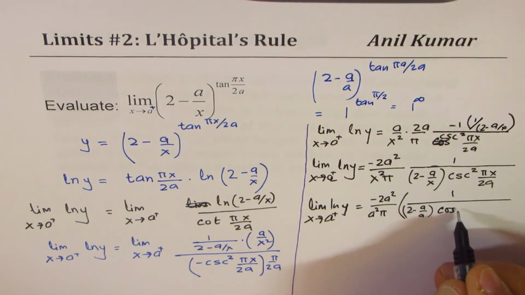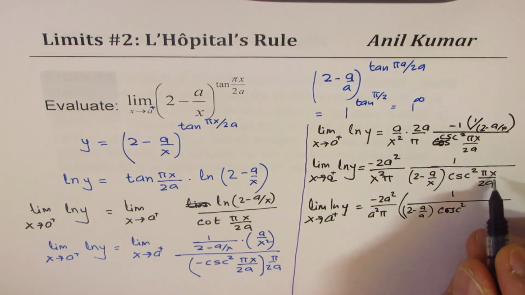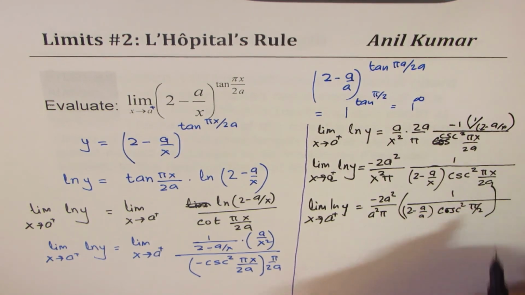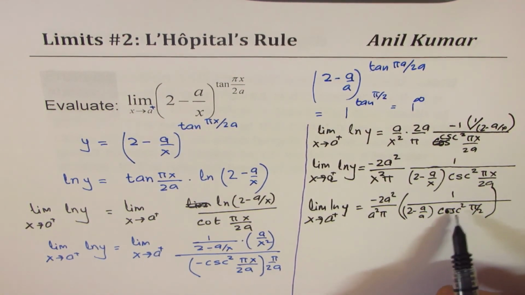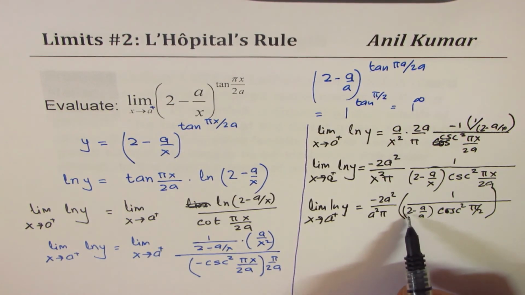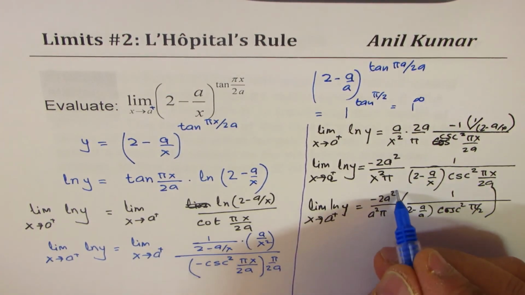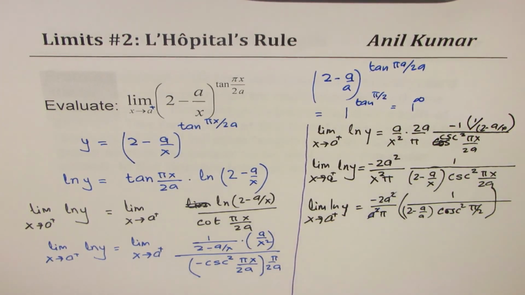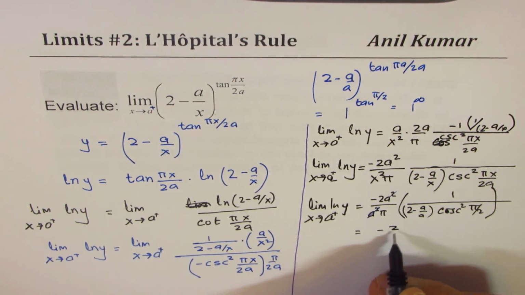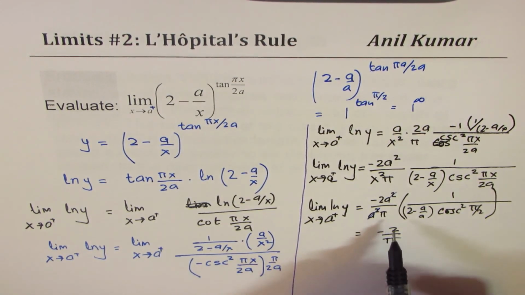Times cosecant square, pi and a cancel, so we get pi by 2, correct? Now cosecant of pi by 2 is 1 and a over a is also 1, so denominator is 1, correct? Here a square cancels this a square, so what we are left with is minus 2 over pi. Perfect. So we are left with minus 2 over pi.